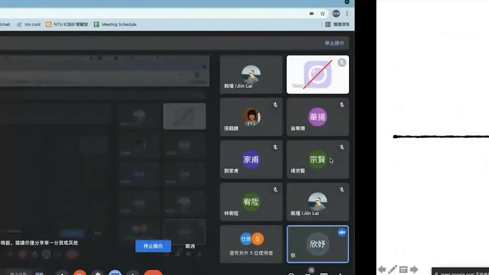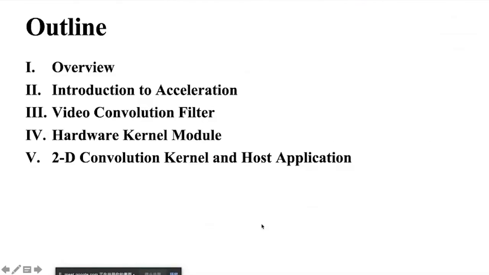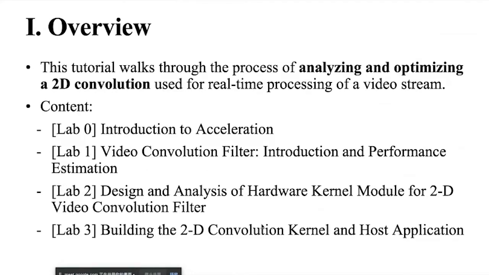Okay, the topic I'm going to share is convolution filtering. Here is today's outline. I will quickly overview the whole process and then introduce each lab in more detail. I will show the results and the performance analysis at the end of each section. This tutorial goes through the process of analyzing and optimizing a 2D convolution.